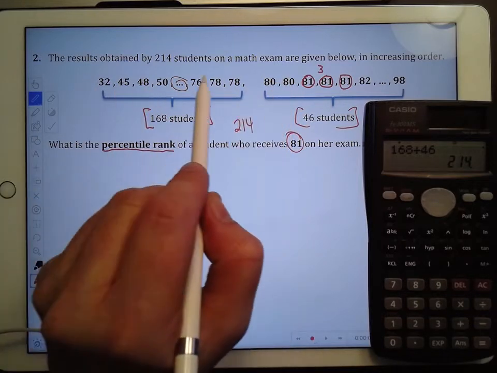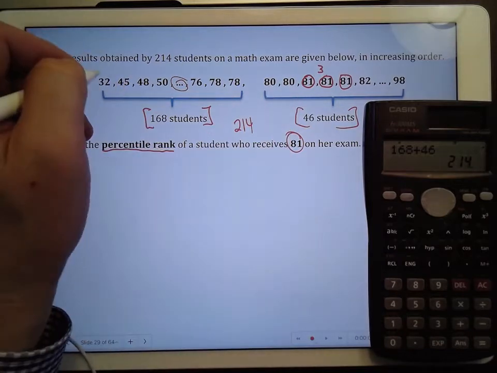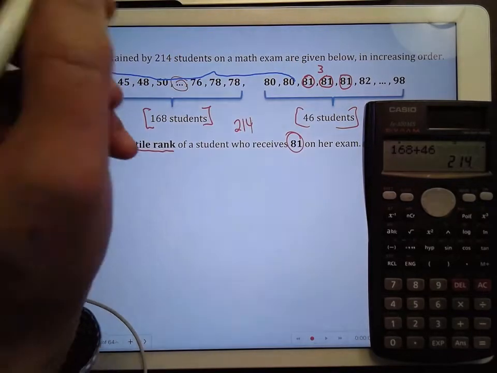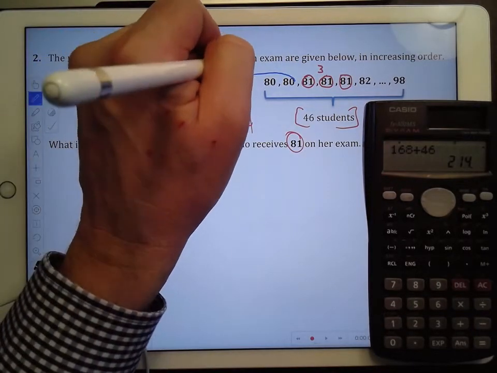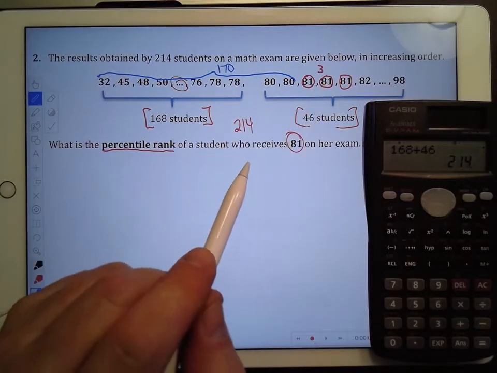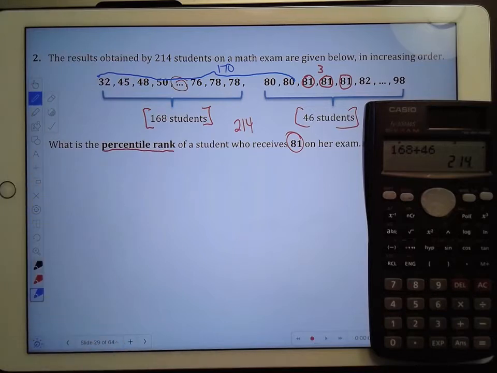So 168 plus 2, that tells us that we have 170 values less than our target of 81. So it's just a different way of setting up those numbers. Don't get fooled by it. It's pretty straightforward. We'll go ahead now and crunch the percentile.